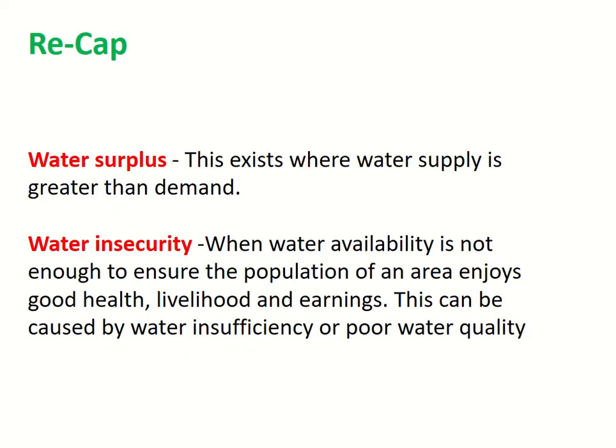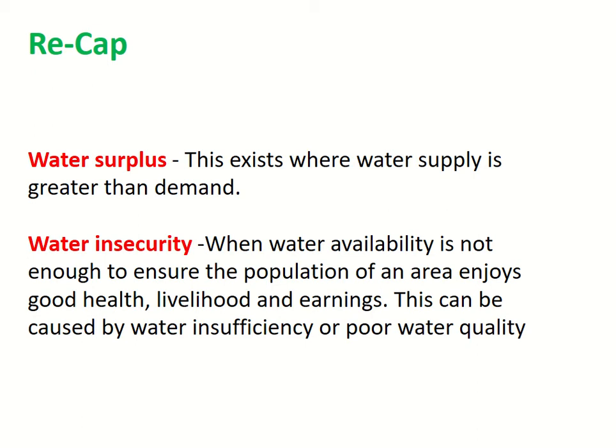So a bit of a recap for you. In the last lesson, we were looking at this idea of a water surplus and a water deficit. A water surplus exists when a water supply is greater than a demand, whereas a water deficit occurs when the water demand is greater than the supply. We were talking about how it's important that that deficit doesn't happen, but it does, because of physical and economic reasons.